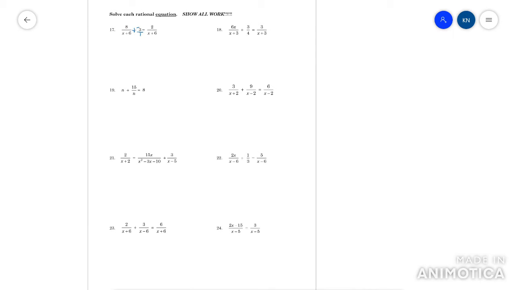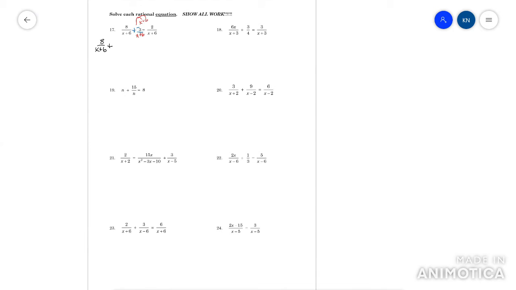So that means to make all 3 of these equations be over x plus 6, this negative 3 in the middle needs x plus 6 on top and bottom. And so you're going to have to distribute that. So you can rewrite this problem like this. 8 over x plus 6 did not change.